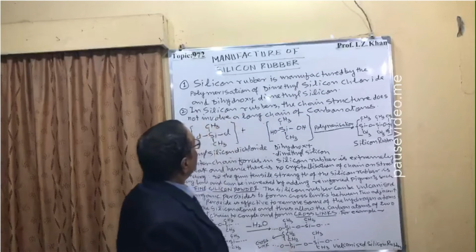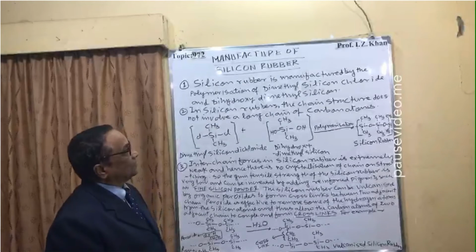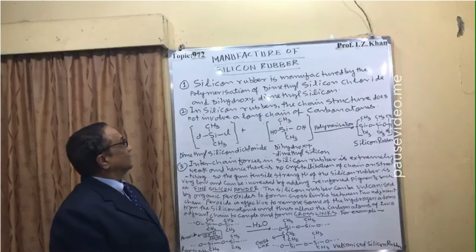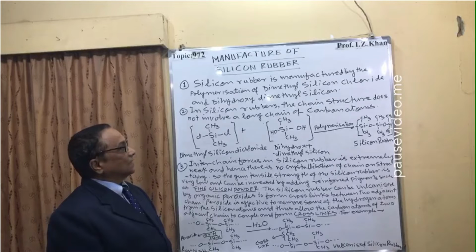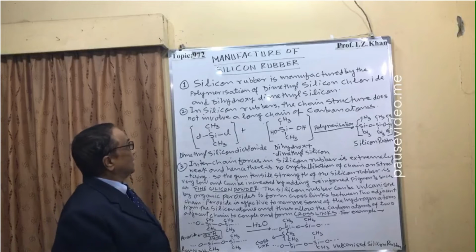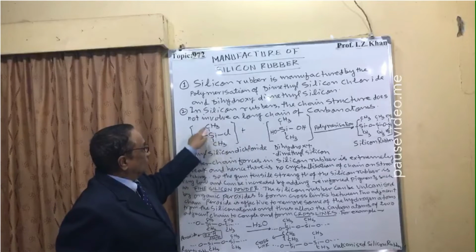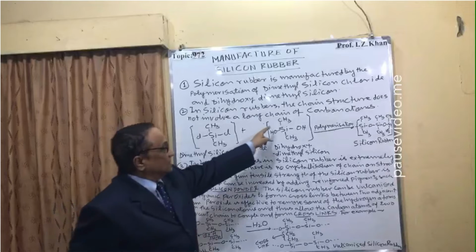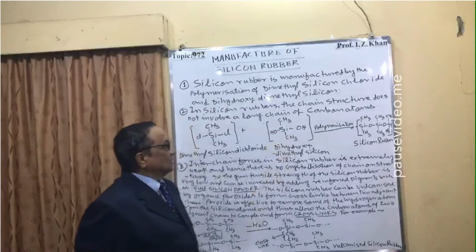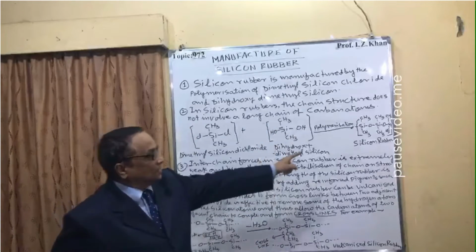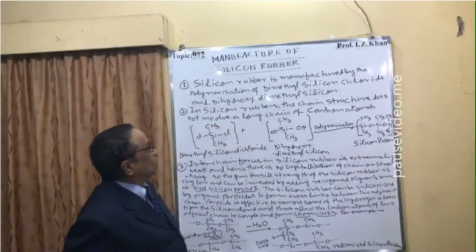Number one, silicone rubber is manufactured by the polymerization of dimethyl silicone chloride and dihydroxide methyl silicone. So this is dimethyl silicone, and this is dimethyl dihydroxy silicone. When the polymerization takes place, you will get the silicone rubber.